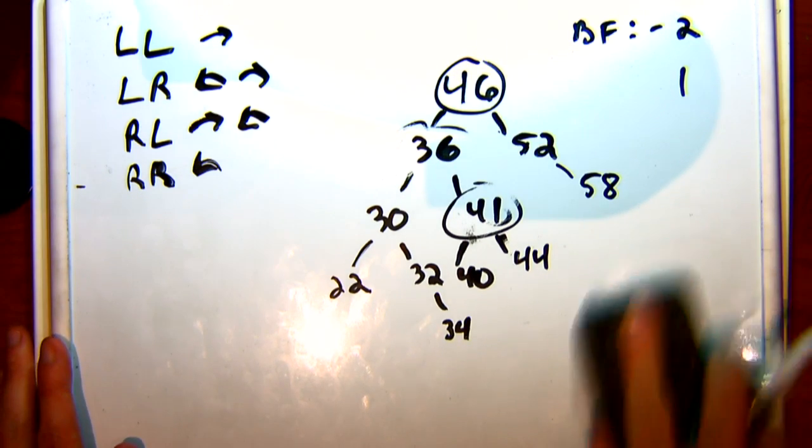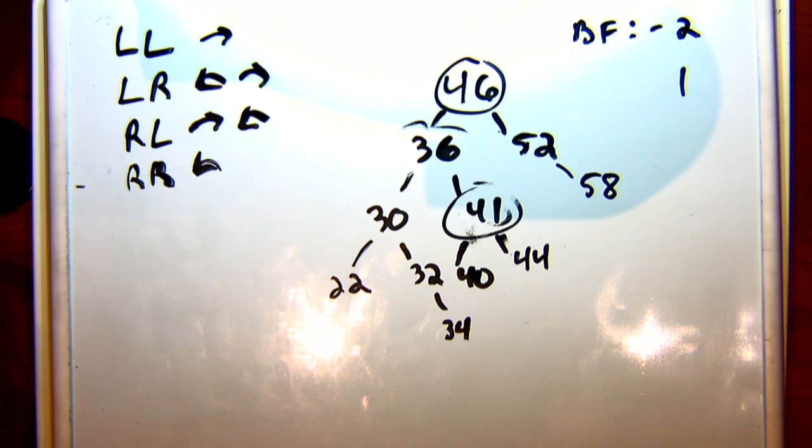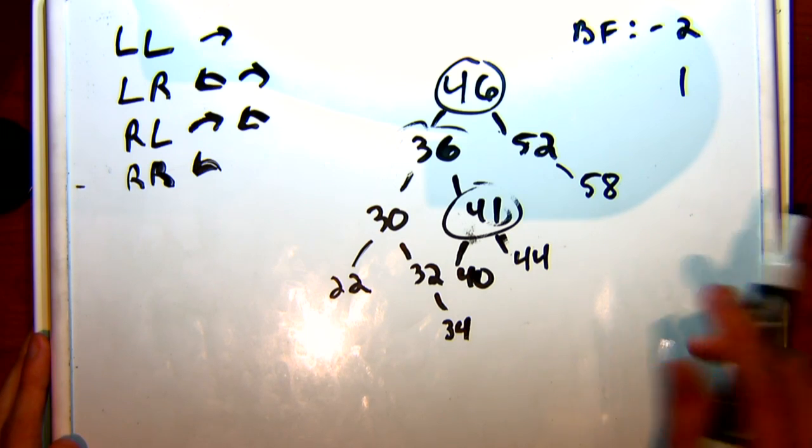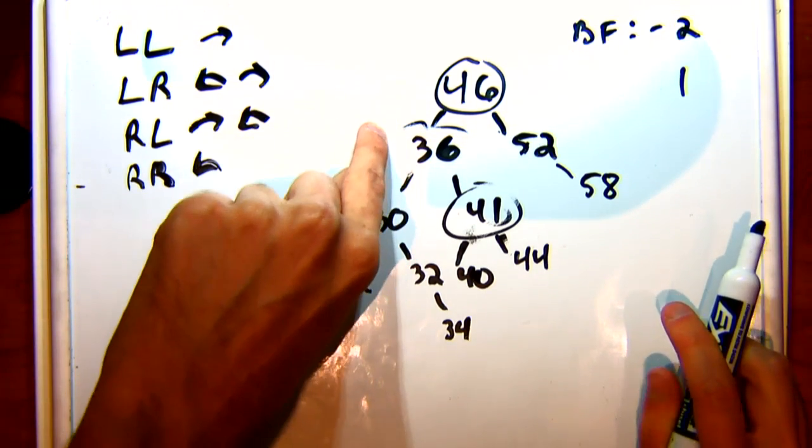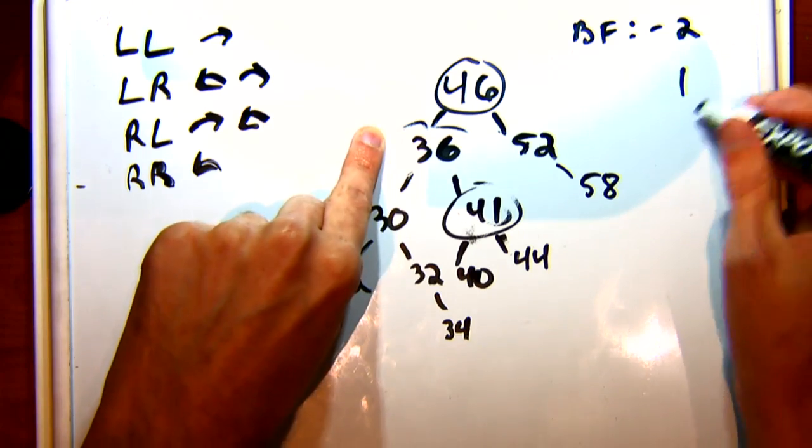Now, this imbalance looks really scary because it looks like we need to take care of a lot of nodes. It's not. The most things that you'll ever have to keep track of is like 4 nodes, and I think this is the worst type of rotation you'll ever have to deal with. So we're going to go to the left because that's the imbalance. The imbalance is to the left because it was positive 2.